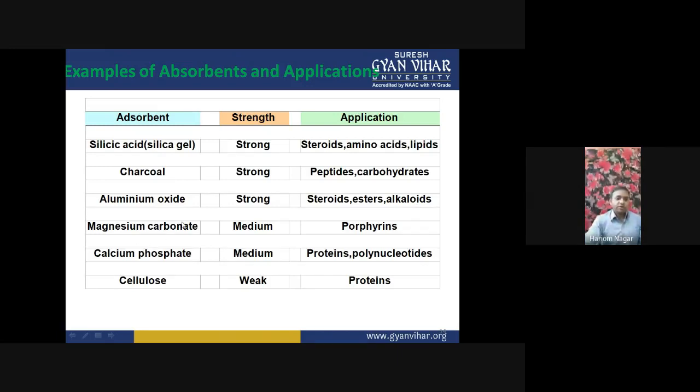If you talk about magnesium carbonate, it is of medium strength for adsorption, and it can be applied for the separation of porphyrin type compounds. Calcium phosphate also has medium strength for adsorption and is used for the separation of proteins and polynucleotides, etc. Cellulose has weak strength for adsorption, and it can be used for separation of proteins.